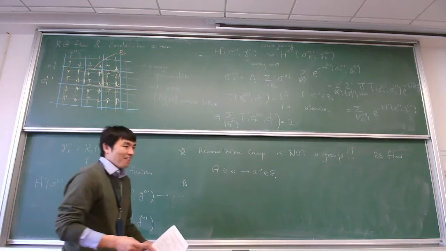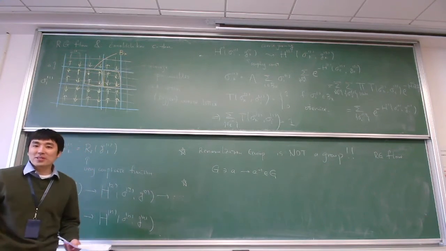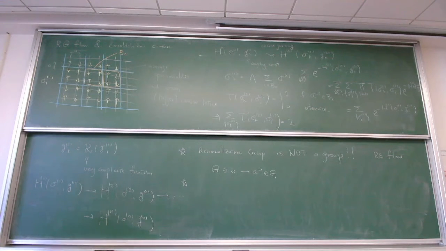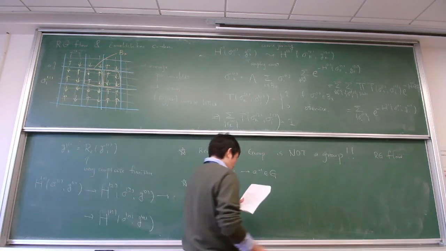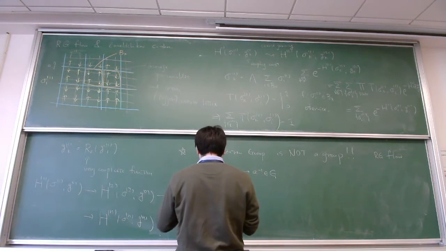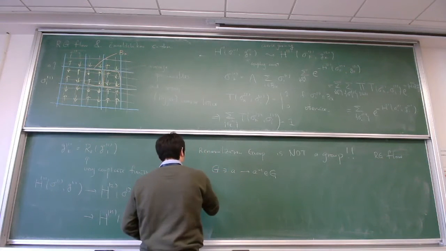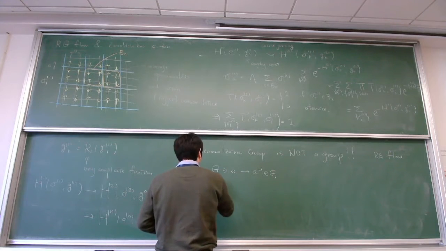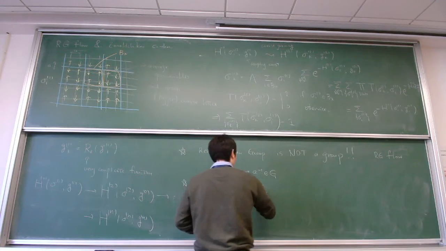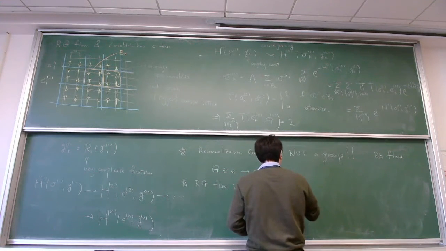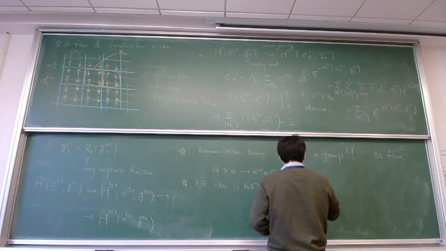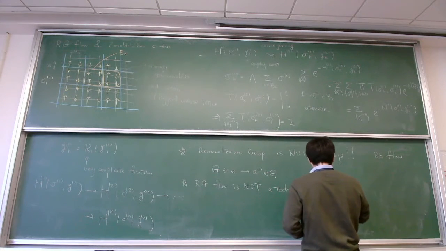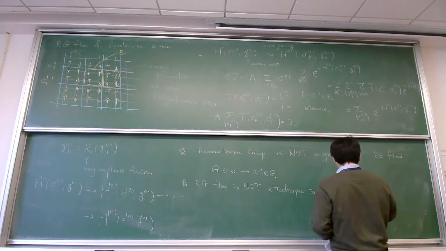But to compute this one loop diagram, you often do regularization to get rid of infinity. But unfortunately, the renormalization group flow is not a technique to remove infinity.